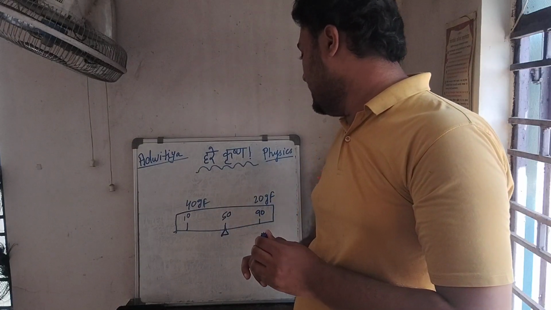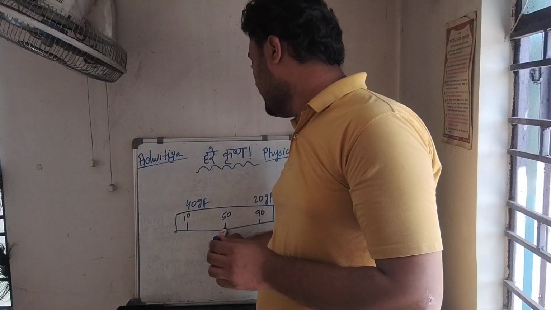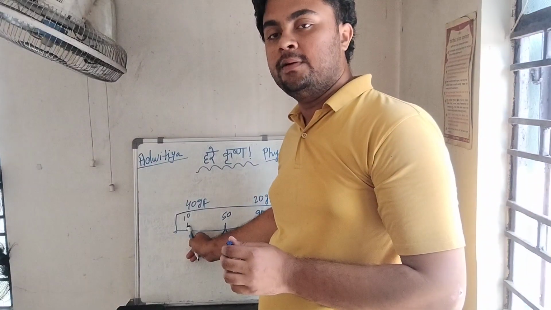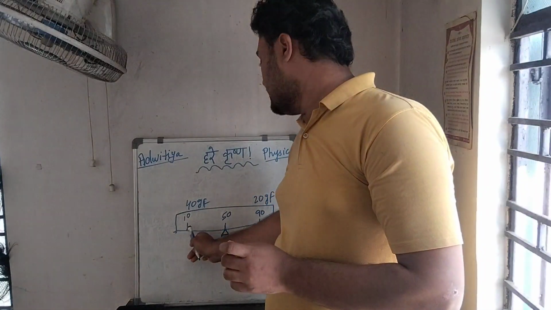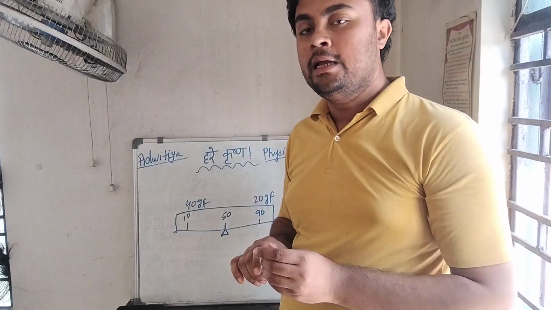So this is 40 gf, this is 20 gf. Next, this is the 50 centimeter mark, and from here, this is the 10 centimeter mark. That is, the distance between these two is 40.